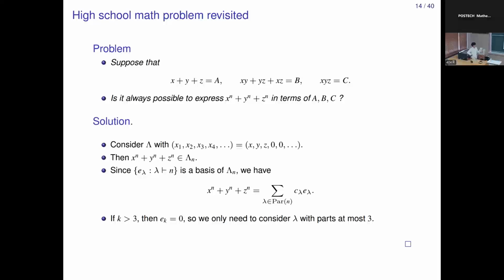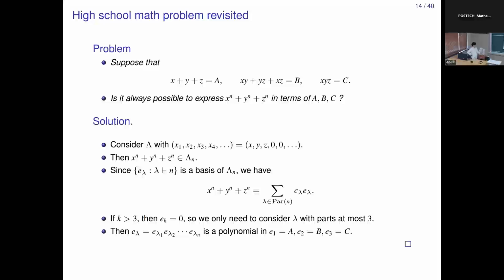So that means the terms that survive here are only those with e1, e2, e3. They are exactly like A, B, and C. That means we should be able to write this as a polynomial in A, B, C. It doesn't tell you how to write this as a polynomial in A, B, C, but it says that it is possible.